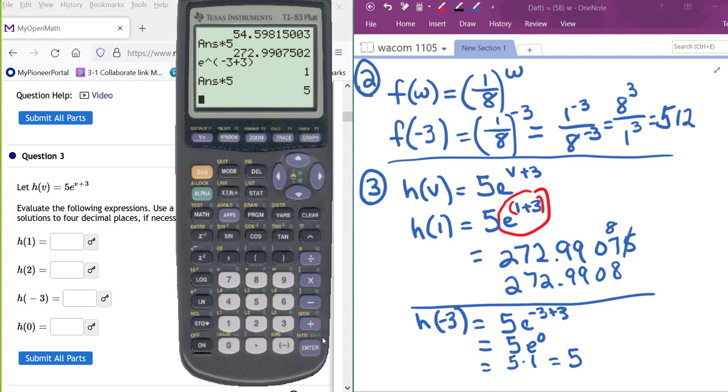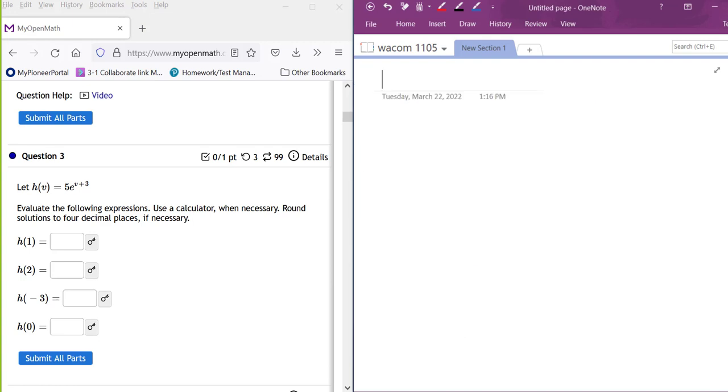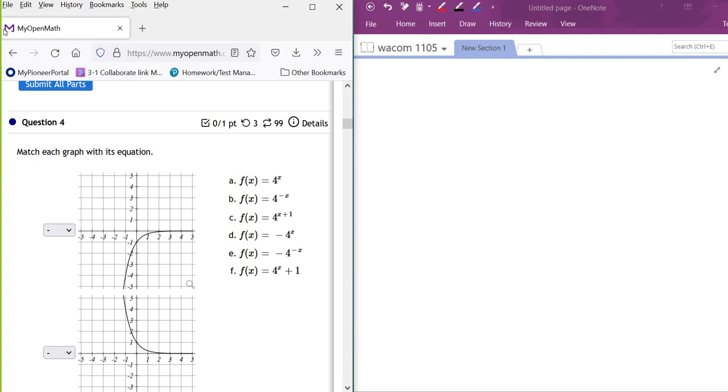Right, and then they do a bunch of graphs. So we'll get the calculator out of the way. And this may be a little hard to do on this screen because it doesn't show me as many of the graphs.